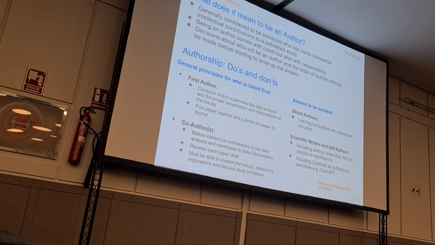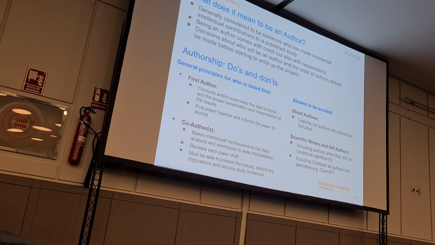So there are some general principles about who is listed first, but again, these are general principles, and I realize that it differs per country, so it might be slightly different where you're from. But in general, the first author is considered to be the person who conducts and/or supervises the data analysis and the proper presentation and interpretation of the results, and usually the person who also puts the paper together and submits the paper to the journal.